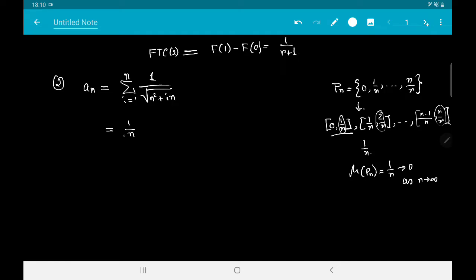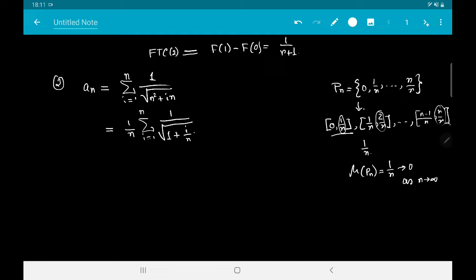And now let us try to see how we go about it. I take 1 by n out of the summation, and this gives me 1 by, what do I do? I have to divide this thing by n, because of the n square, as I have taken this n out. So it looks like 1 plus i by n.